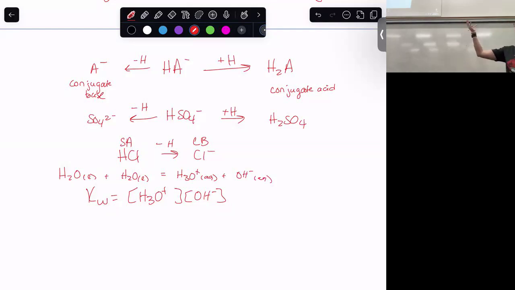So if you have the concentration of H3O plus, you can use the Kw in order to get to the concentration of OH minus. And is Kw a constant? Kw is a constant, but it's a constant for specific temperatures. I think at 25 degrees Celsius, it's 1.0 times 10 to the negative 14.